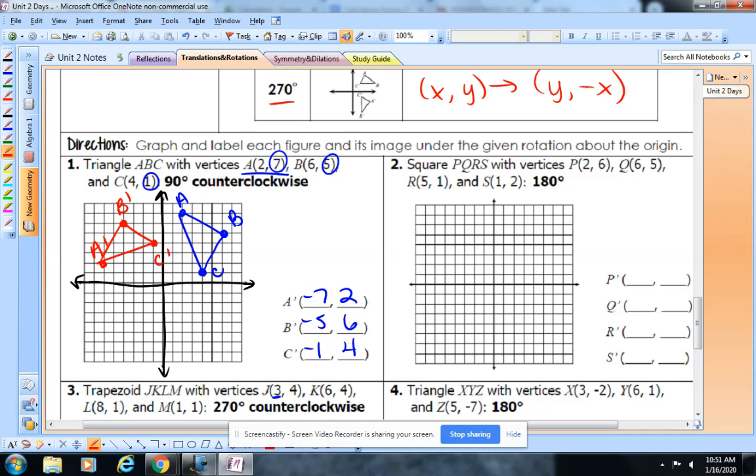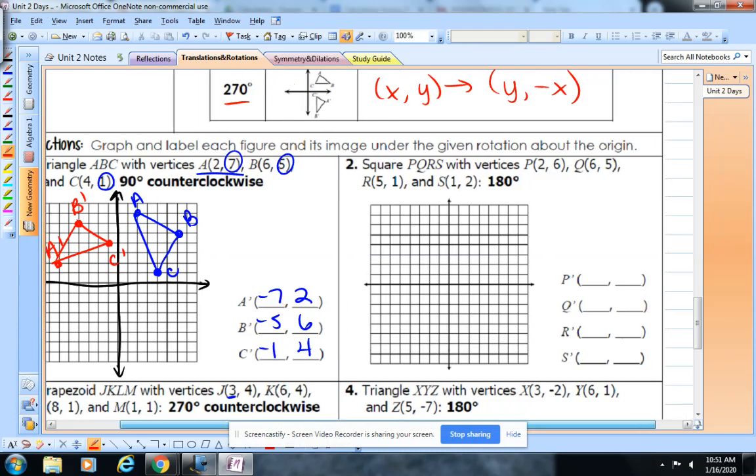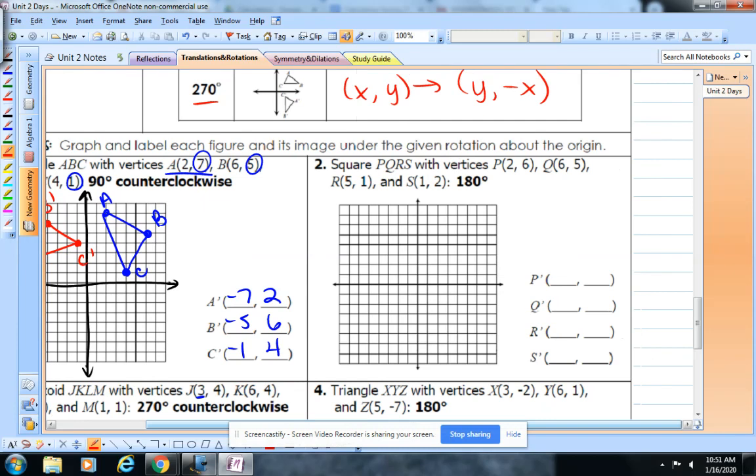All right. Let's go across to number 2. What kind of rotation is number 2? A 180-degree rotation. So you've got a square. I don't know why I'm doing this in red, but I am.